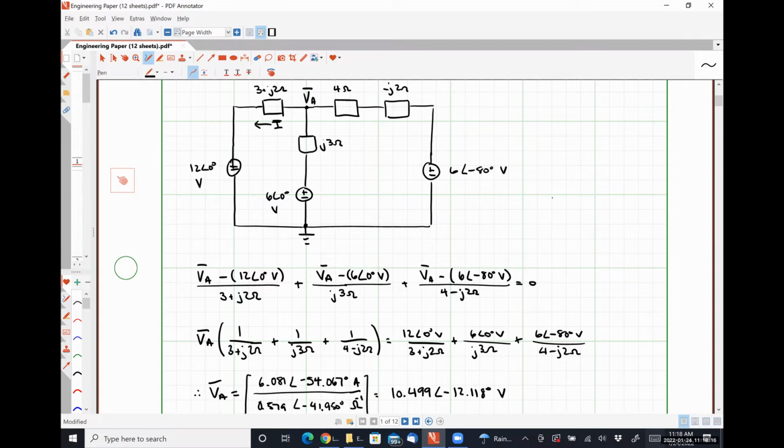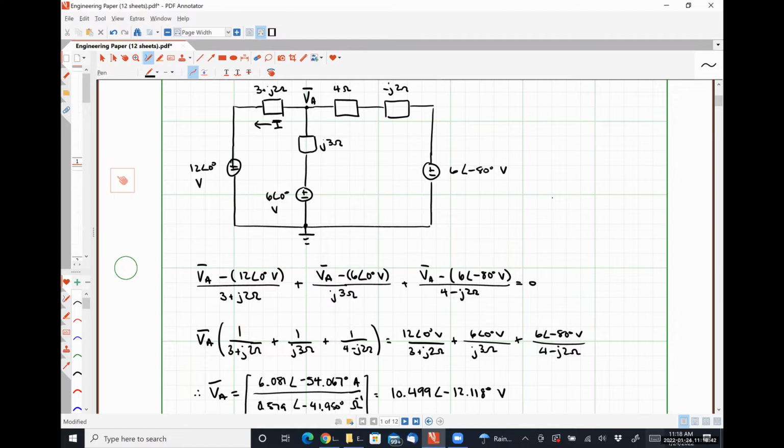So VA is the potential difference between this point in the circuit and ground, which is not the voltage drop over literally any of the impedances that we have, right? So the voltage drop over the 3 plus j2 ohm impedance is VA minus 12, right?